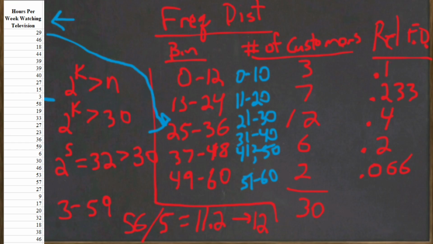For mutually exclusive, we need to be careful about how we set up the lines between our bins. Because these are rounded to the full number, we were able to kind of avoid the trickiest part. So our bins stretch from 0 to 12 or 0 to 10, depending on which one we're looking at. And then they start a whole number higher. But if these were all 29.62 and 46.10, if we had decimals involved, we would need to be more specific.